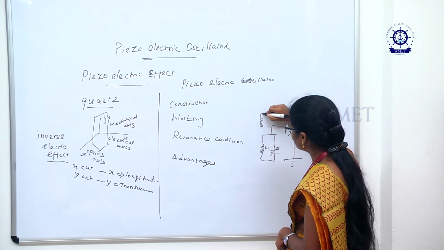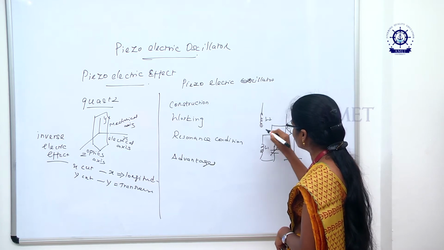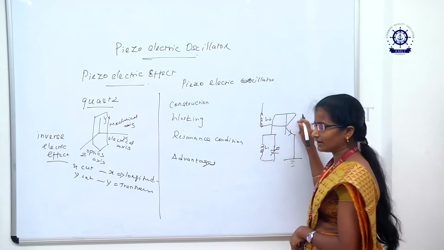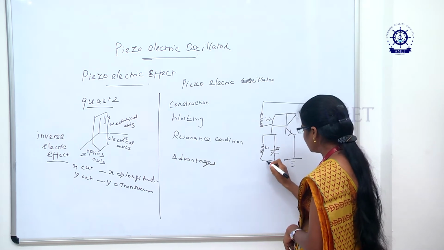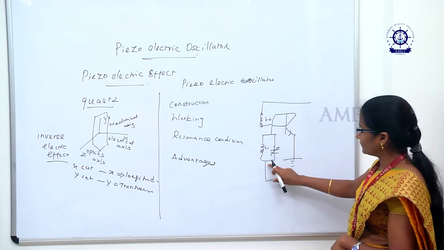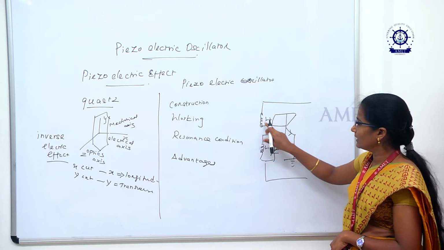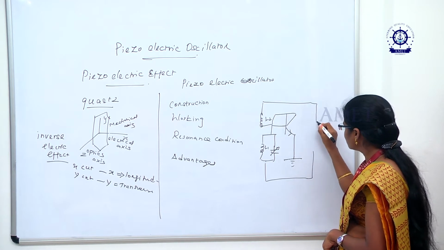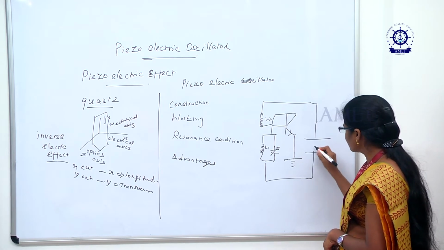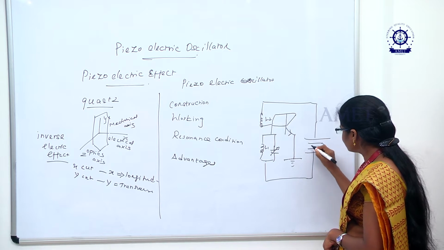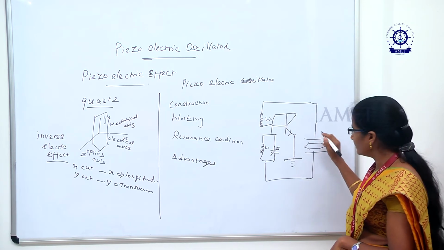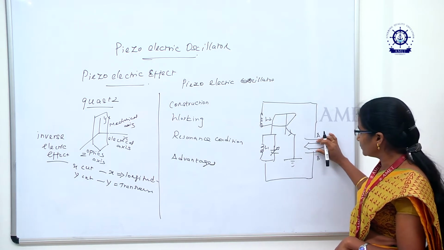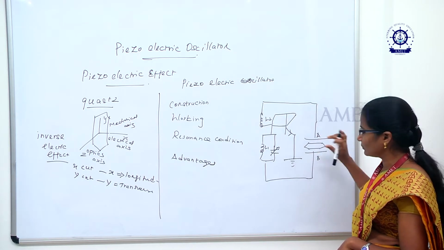Another induction coil, noted as L2, is connected to the collector of the transistor. These two ends of the tank circuit and another end of the L2 coil are connected to the quartz crystal. The quartz crystal is connected at the A and B terminals, and inside these terminals we fix the quartz crystal.